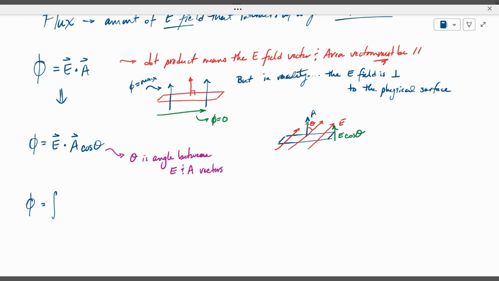So we would then integrate the electric field dA, because the area over which it would cross through would become all changing constantly. All right. So we'll get into the integration part a little later. But what I want to do right now is just do a quick example to show you how this works mathematically.